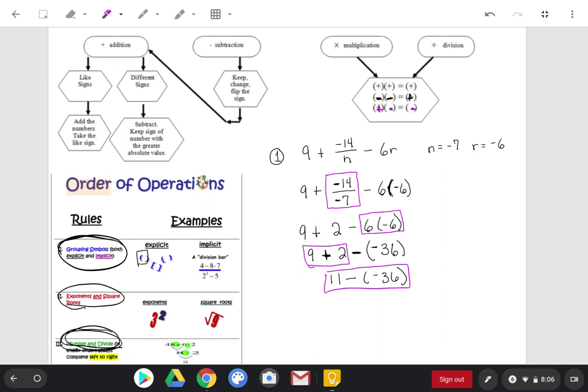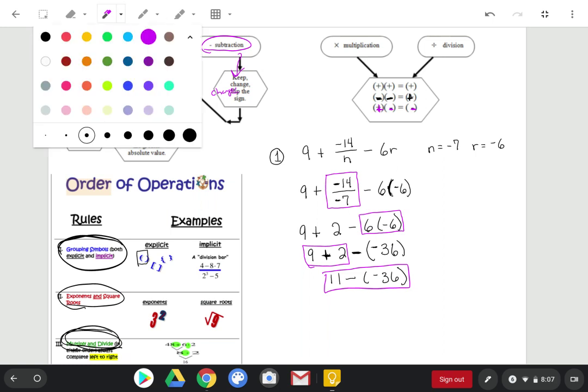So now I have to figure out what is 11 minus negative 36. So remember, we have to use our integer rules. We are subtracting, right? So the first thing we're supposed to do is keep change. This should say change, also known as add the opposite, okay?